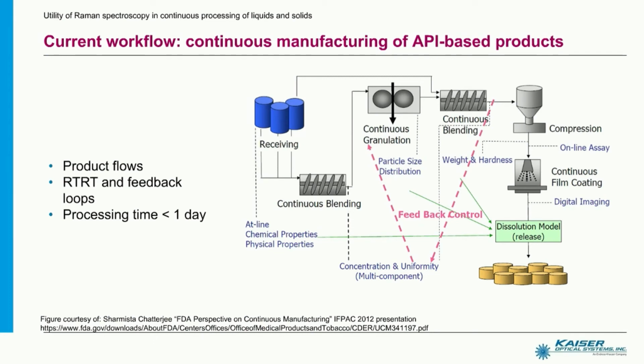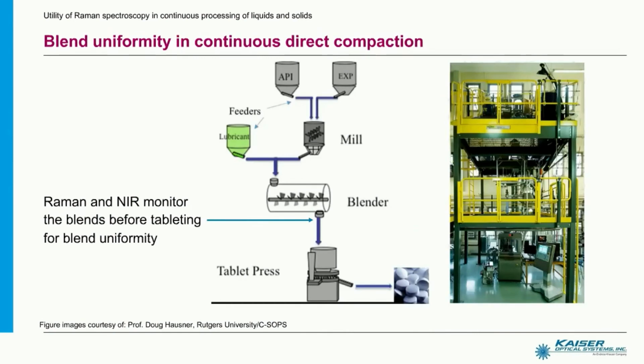This is an example at the CSOPS facility at Rutgers University. On the right-hand side, we see the schematic, and then the photo shows how it's implemented at the university. Recently, Professor Hausner gave a webinar on using Raman, monitoring the blends before tableting for uniformity.